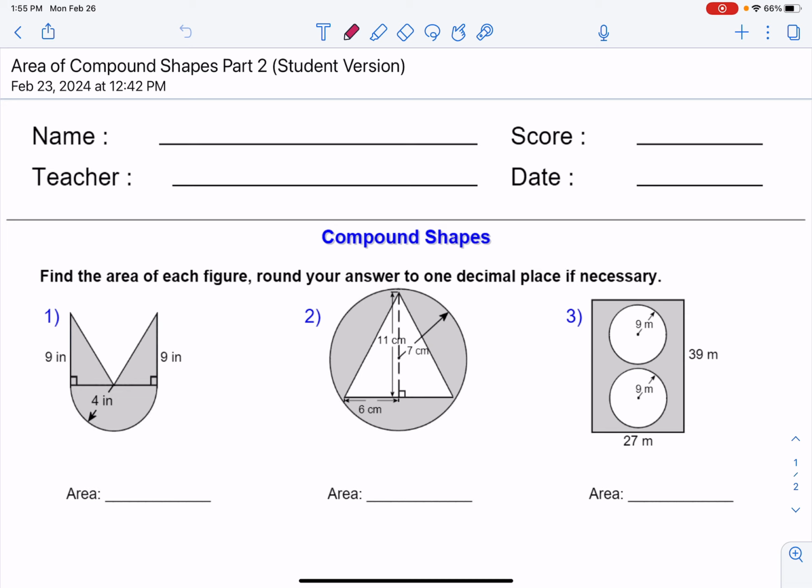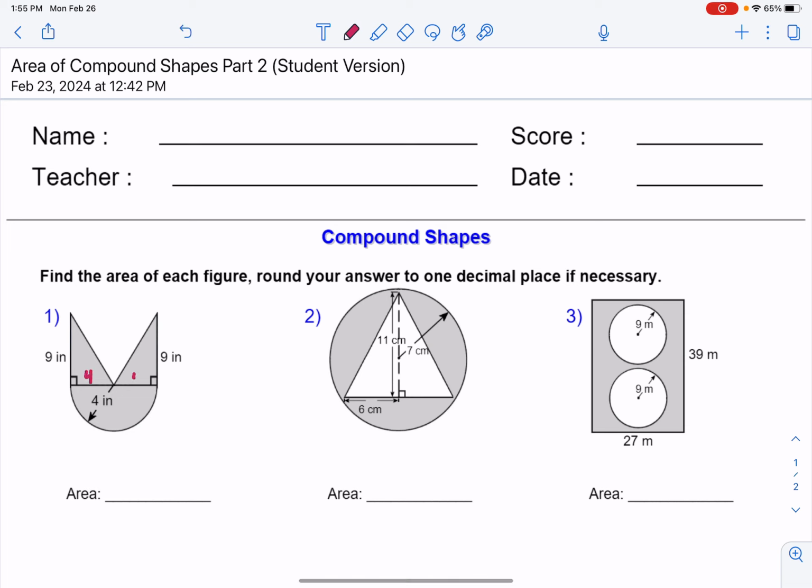I see 3 shapes here. I see 1 semicircle and 2 triangles. And conveniently, the 2 triangles have the same dimensions, right? So we know that the radius of this circle is 4, which means the base of the triangle, which is the same distance from the center of the circle to the edge, is also 4.